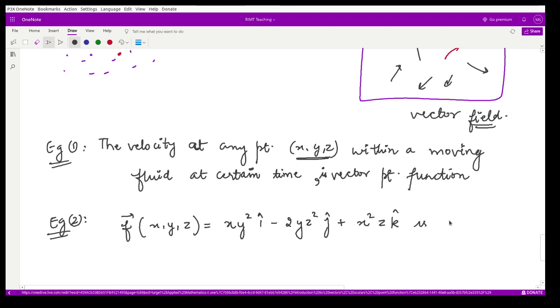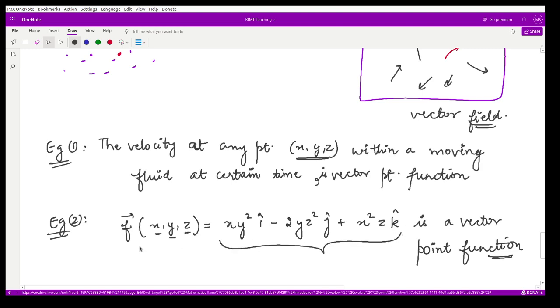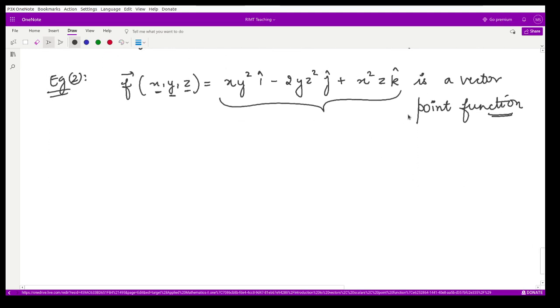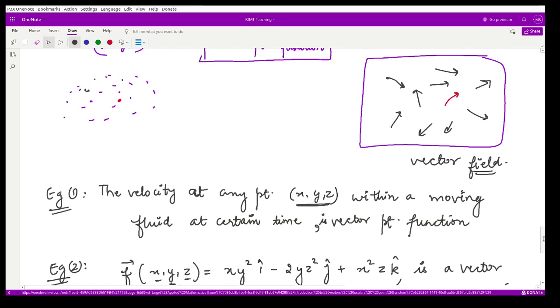This is a vector point function, because whenever you pass on any values of x, y, z, you will get a vector here, and moreover for each different point you will have a different vector. So when you collect all those vectors, you will have a vector field over there, right?